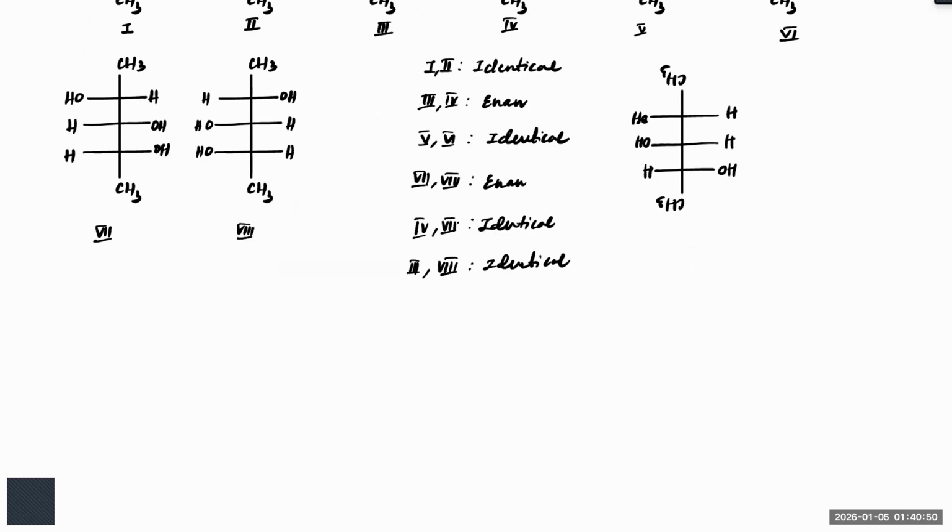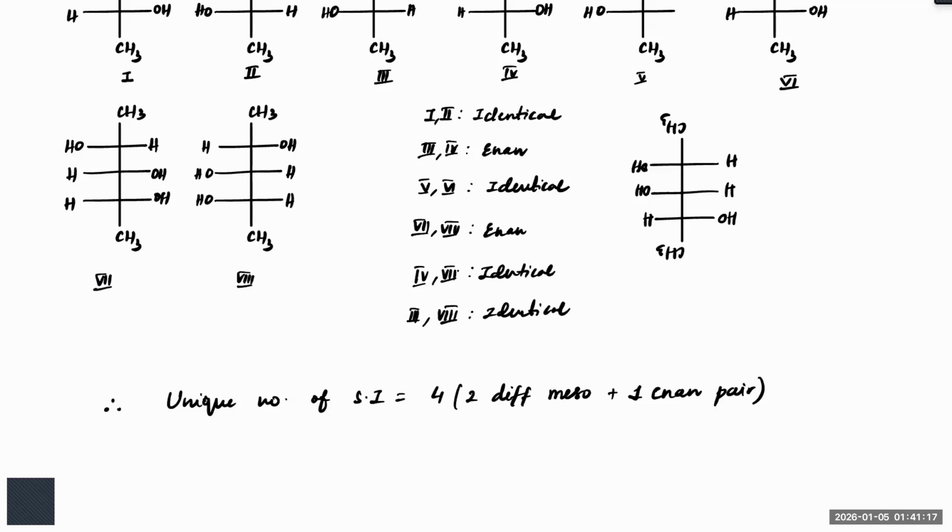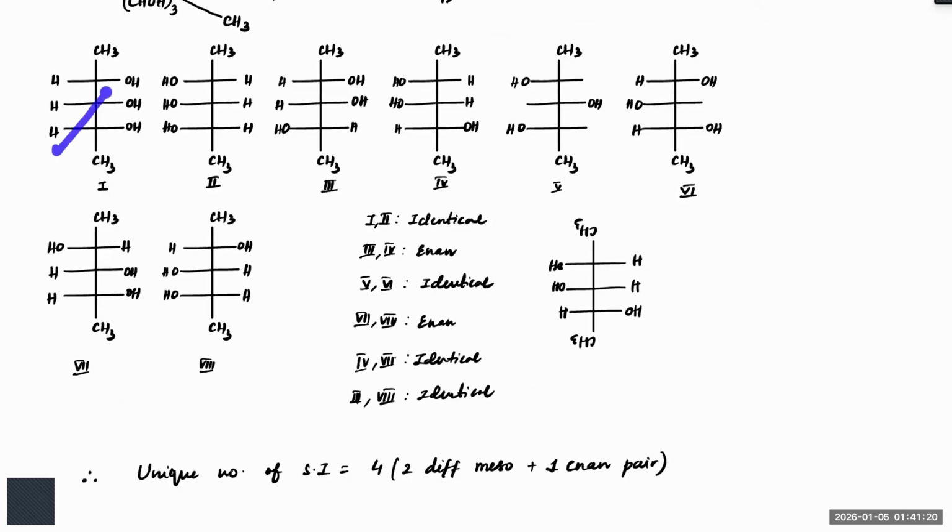So the unique number of stereoisomers which we have is total 4 only, which is two different mesoforms plus one enantiomeric pair. That's how we got total four different groups. So I'll just mark it down now. One, two, three, four. That's it. Rest all are repeats only.